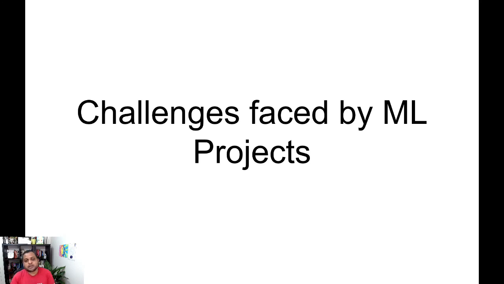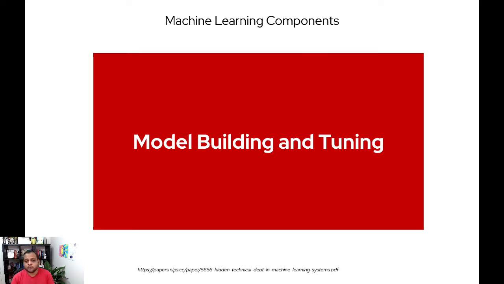So let's start with first thing first, and I want to talk about some of the challenges that we faced in machine learning projects, at least what I have faced, and I've seen lots of other projects having similar challenges and how we overcome that. So first thing first is when we start doing machine learning, what we do is we Google machine learning and we take some courses or we read just some books.